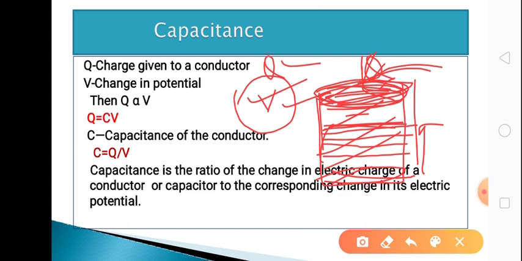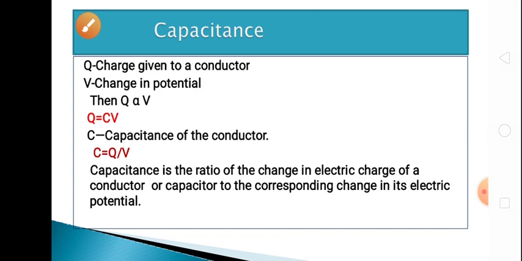Similarly, this conductor has some capacitance, but to find the capacitance, you have to add some charge and there is a rise in potential, and capacitance is the ratio between charge and potential. So let's see what is the formula for capacitance and what is the unit of capacitance in SI.